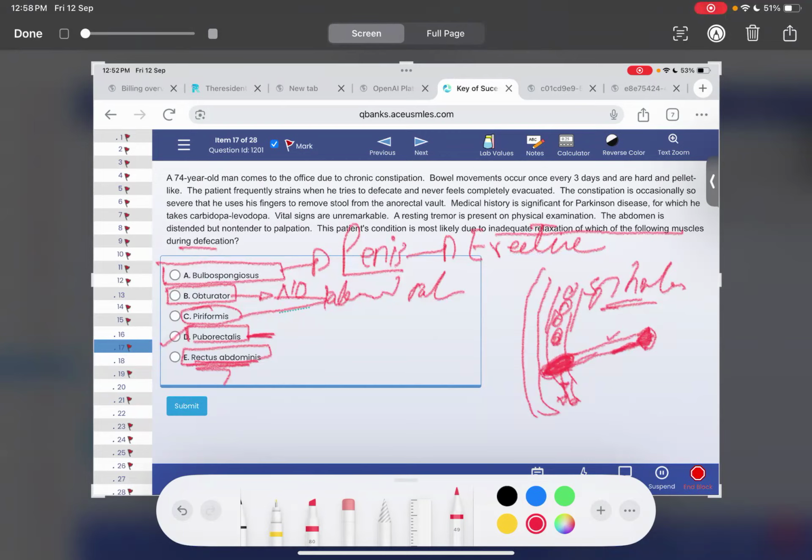So, sir, in this patient, would we give a muscle relaxant? Muscle relaxation can help the patient, and you can also go with exercise. The patient also has Parkinson disease and takes carbidopa-levodopa. Whenever there is a neurological problem going on, there will be a neurological defect as well.